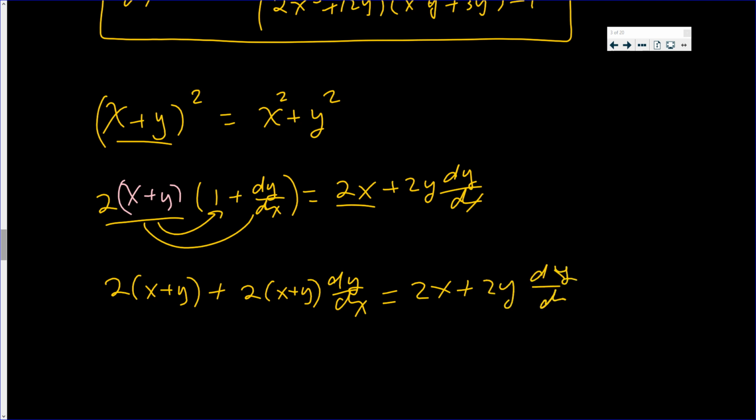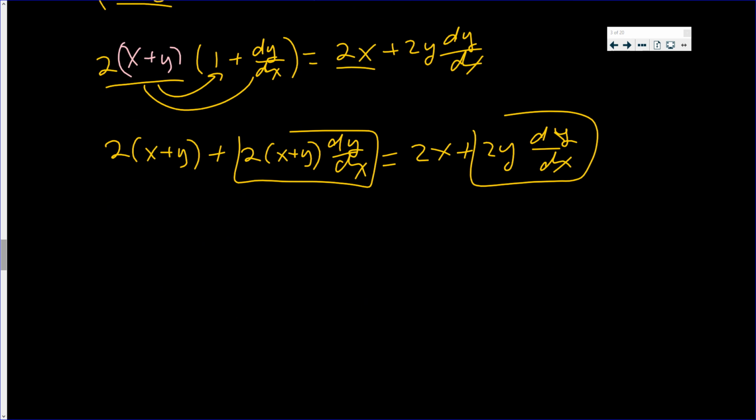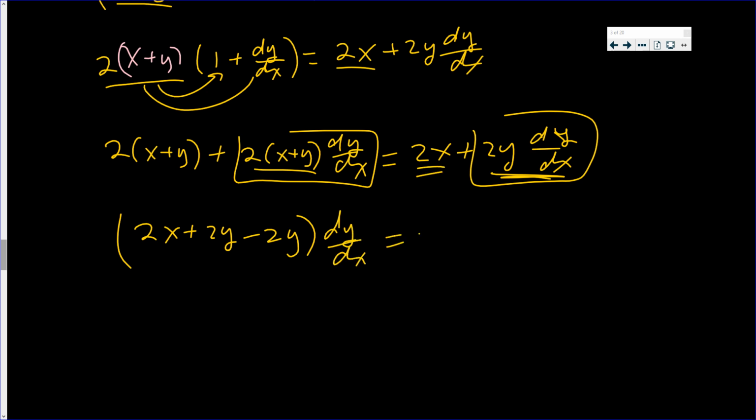Now, these two terms have dy dx's. How about I bring them to the left side? Now, this is really 2x plus 2y, and when I bring these over, becomes minus 2y dy dx's. And I still have the 2x, and I bring this over as minus 2 times x plus y.